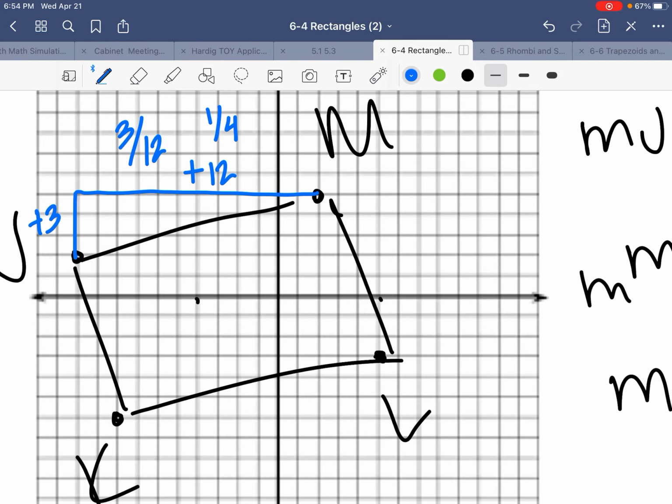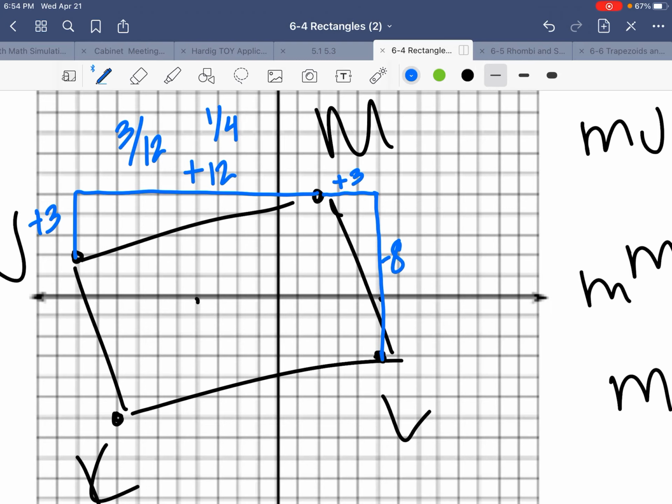Now for ML, I'm still increasing by 3, but now I'm decreasing that y by 8.